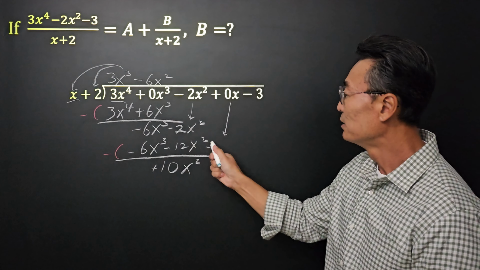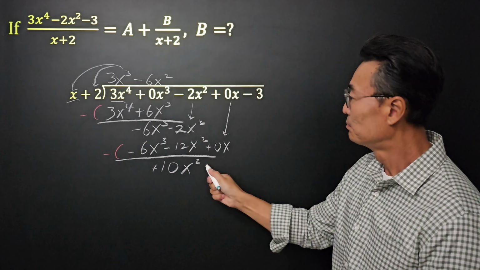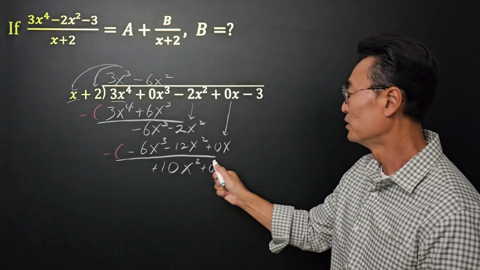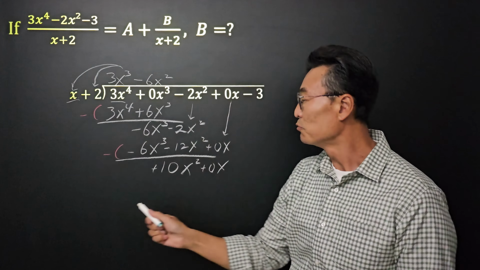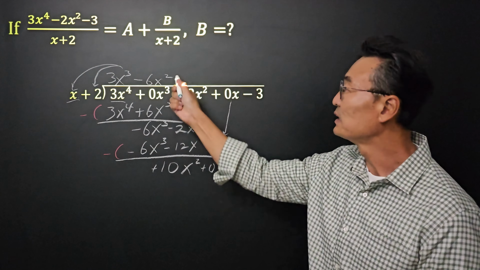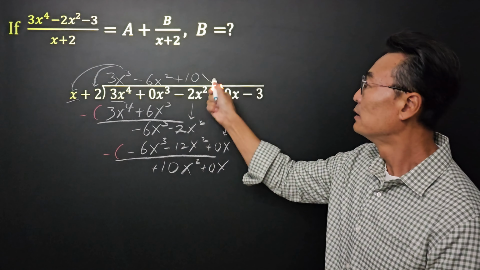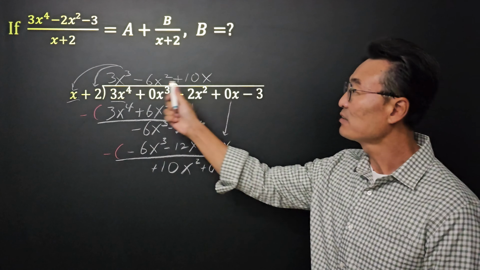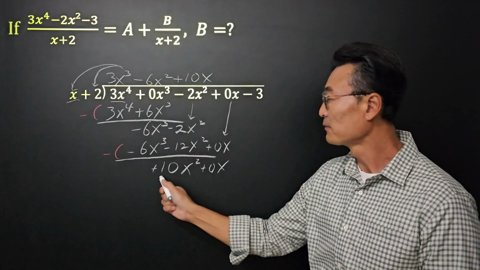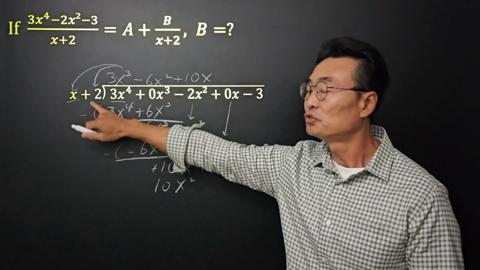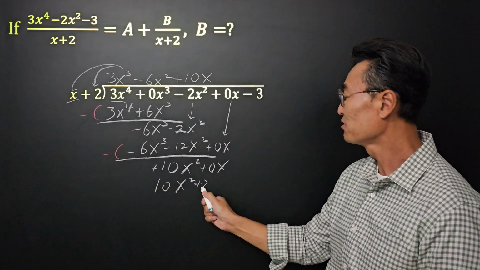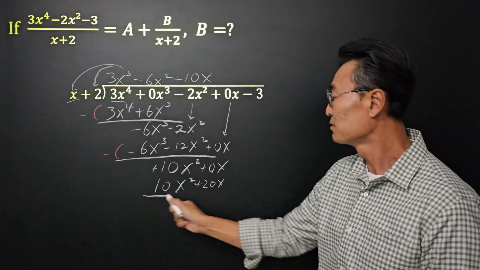Next, bring down that 0x all the way down. And then we ask ourselves again, x times what gives us 10x squared? And the answer is 10x. So we take that 10x, multiply to the x, we get 10x squared. 10x times 2, we end up getting plus 20x.